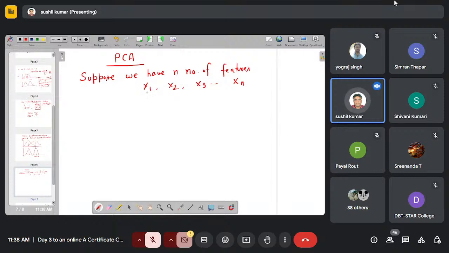You should be very clear that x1 has d features, x2 has d features, x3 has d features, and so on.